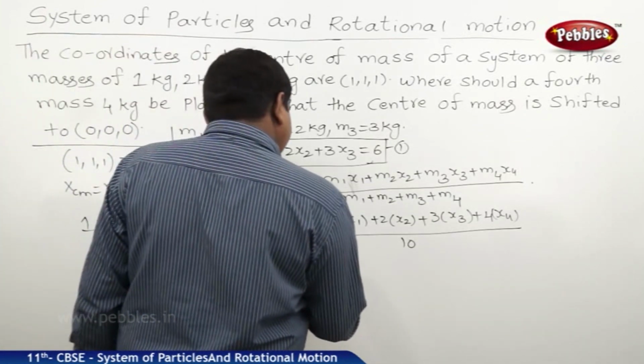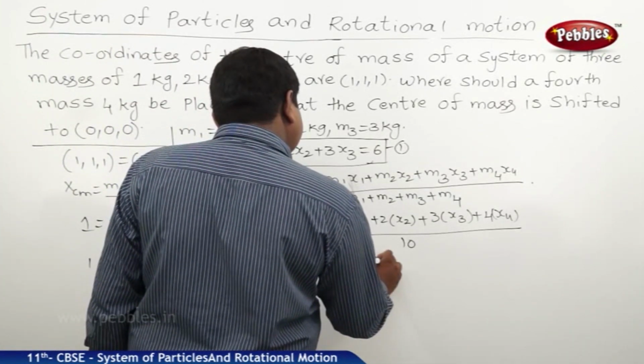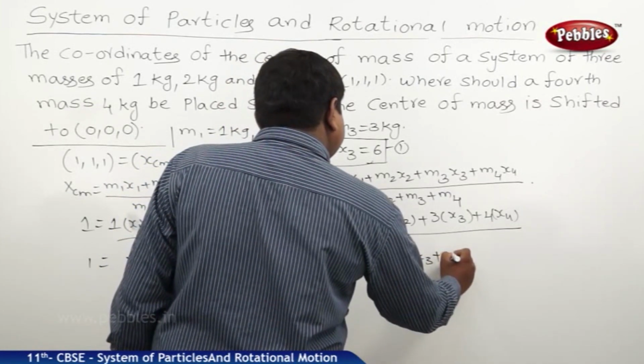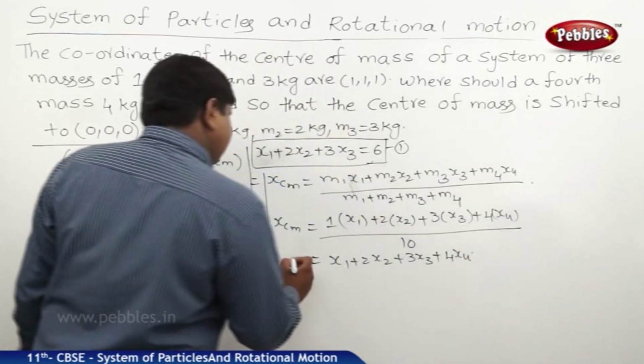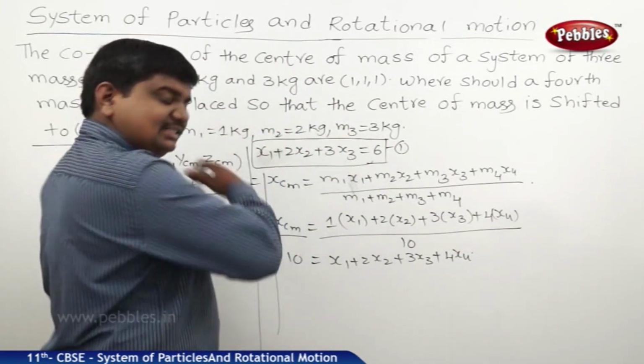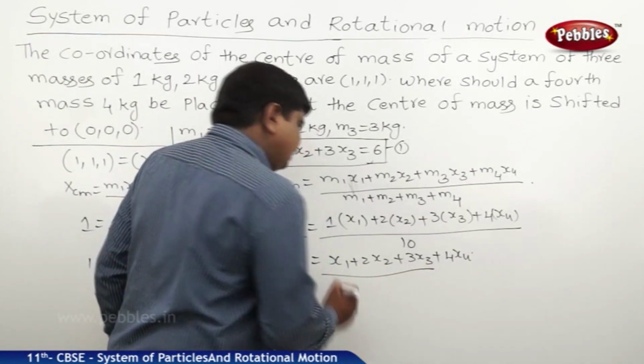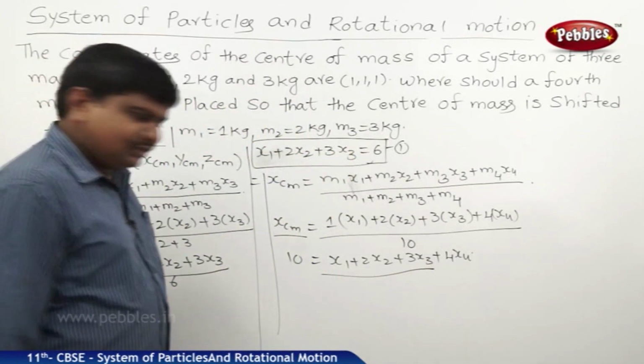So this equation is x1 plus 2x2 plus 3x3 plus 4x4 is equal to 10, because the xcm initial coordinate is 1 only. We know that x1 plus 2x2 plus 3x3 is equal to 6.